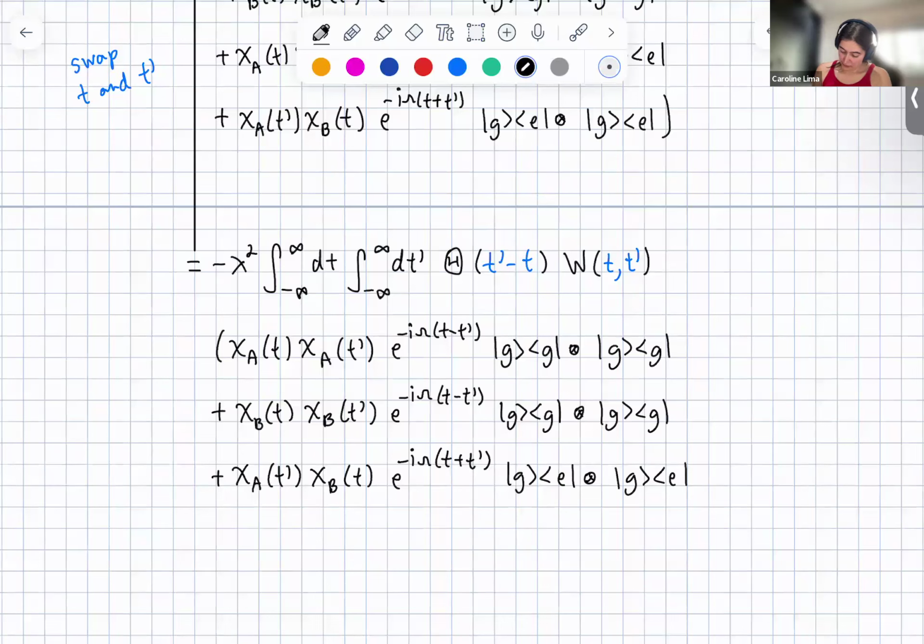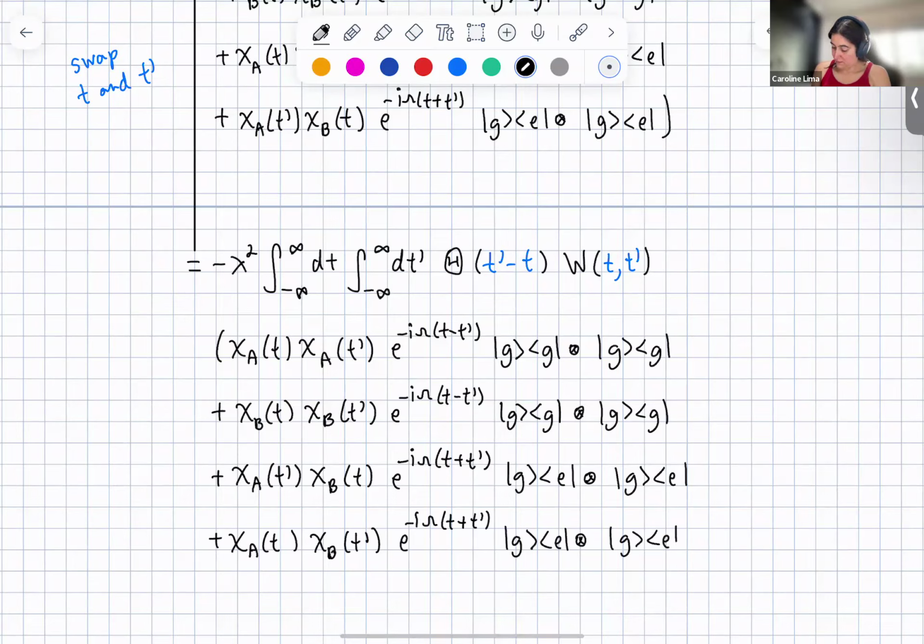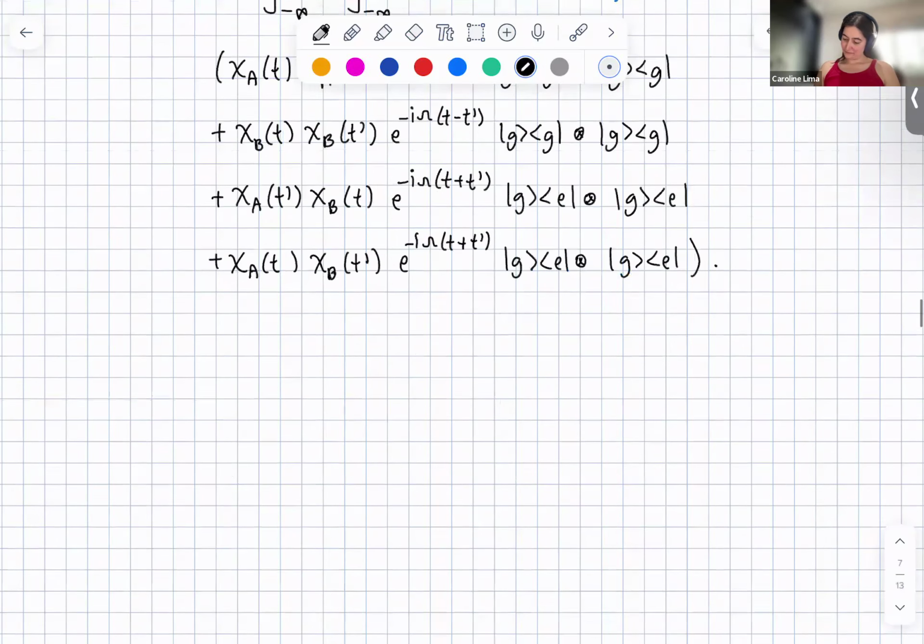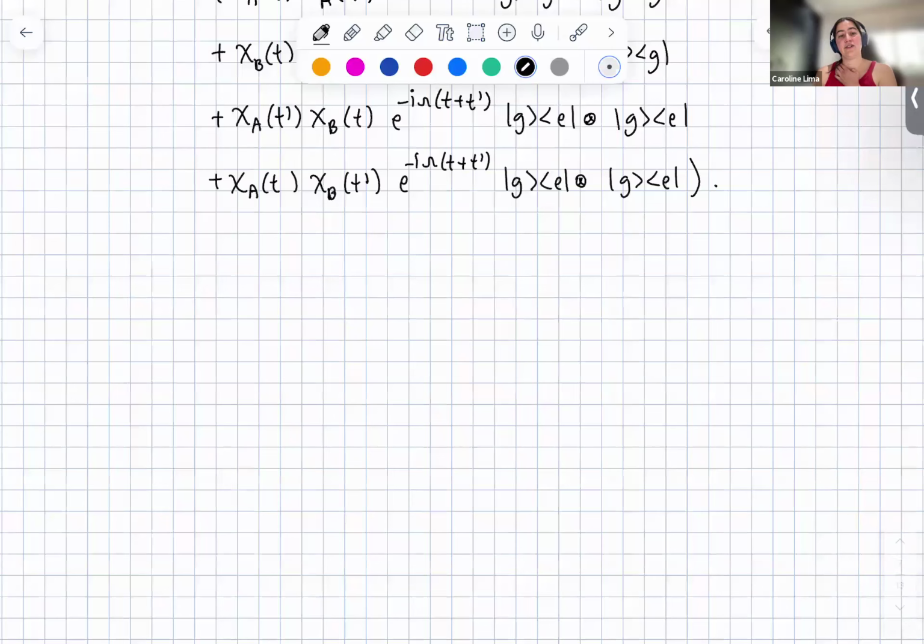and the same for the other one. Okay, now we're pretty much done with this calculation. So we should collect all of these terms.